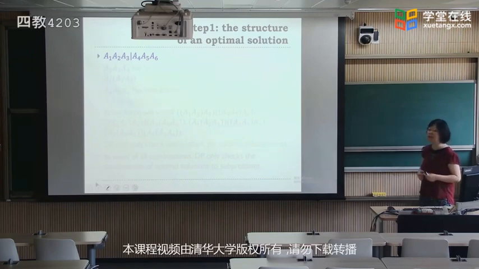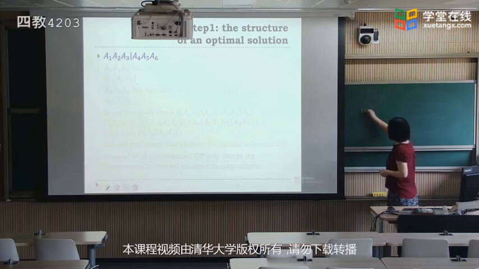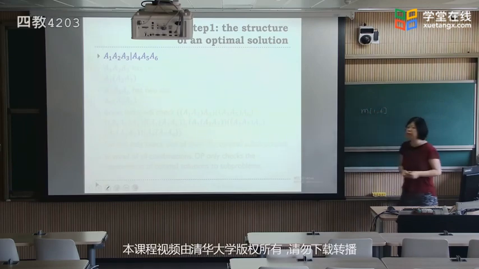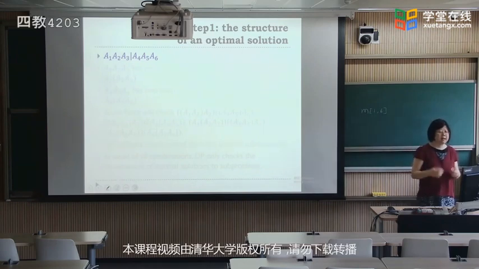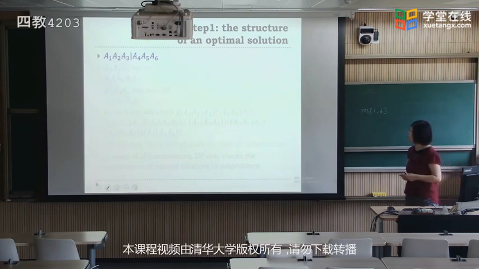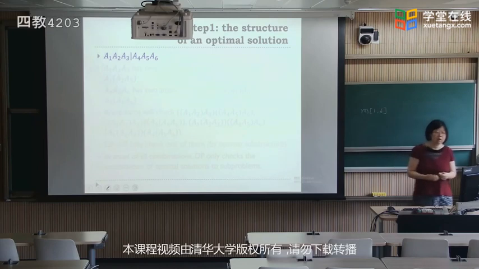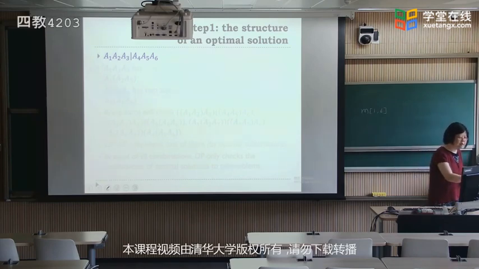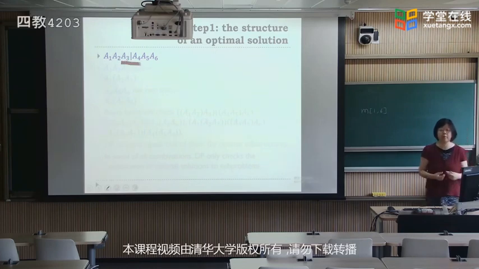Here we have 6 matrices, and let's use M1,6 to store the optimal cost for this multiplication. Then the choice in the optimal solution would be whether the first split happens between matrix A3 and A4, for example.